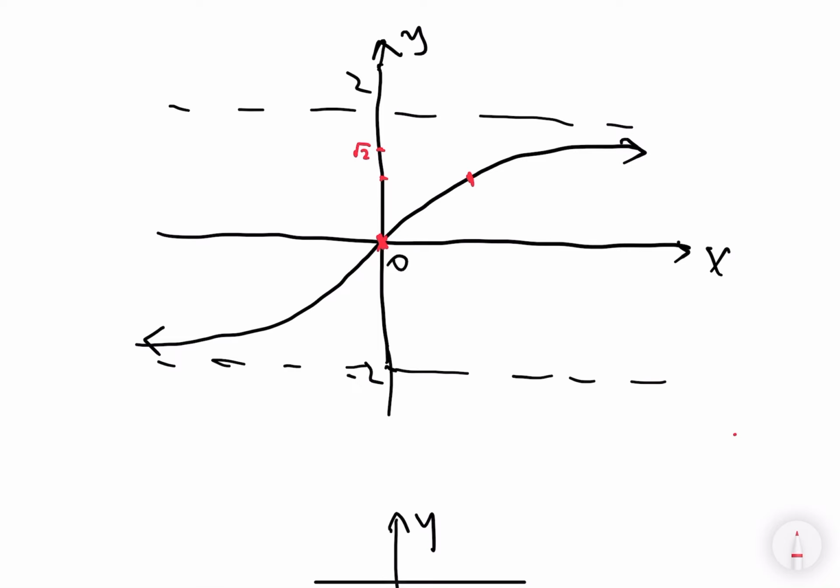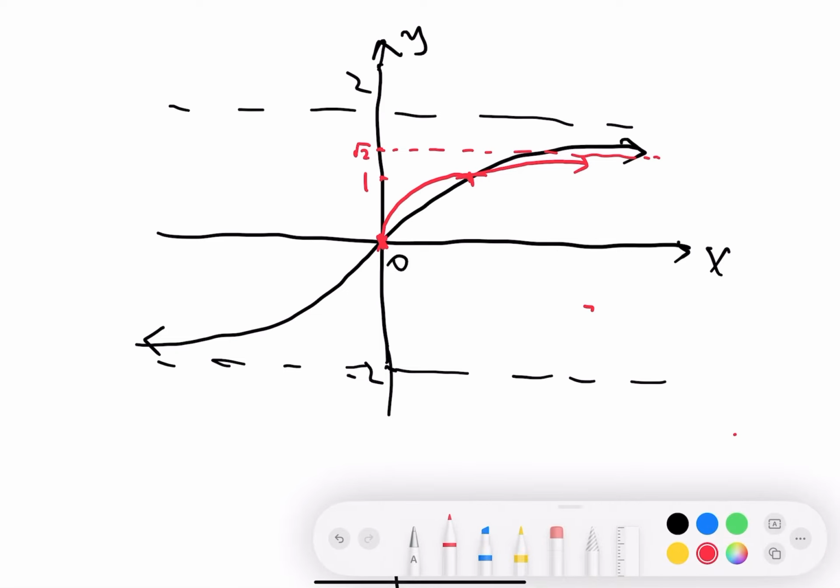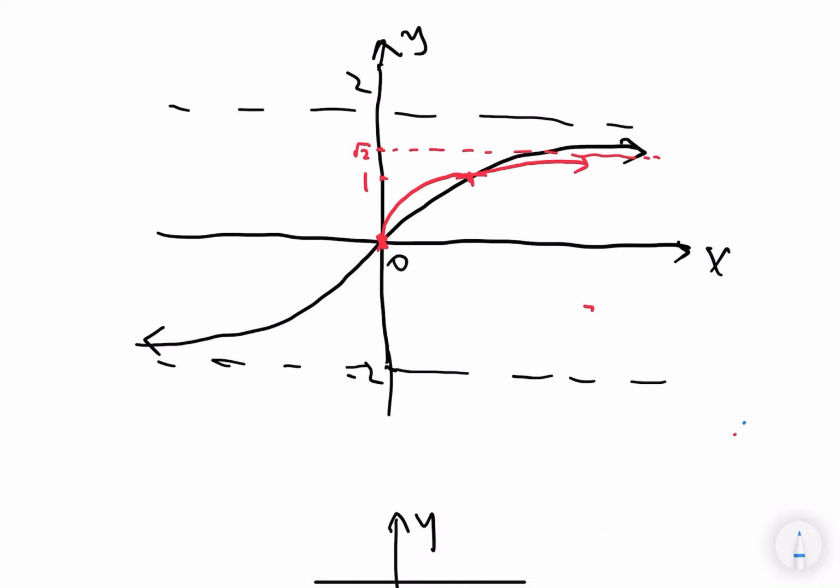Then in between 0 and 1 it is above, and after that it becomes below, but approaches square root 2 because it's square rooted. And that's it, finished. We don't need to worry about the other half of the curve because it's below the x-axis. We cannot square root a negative number.